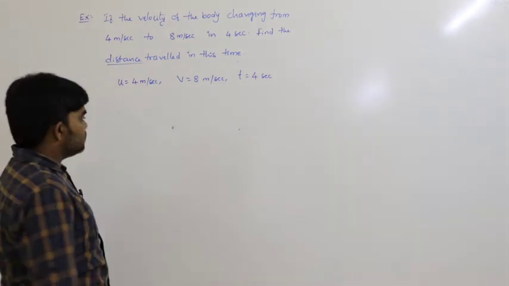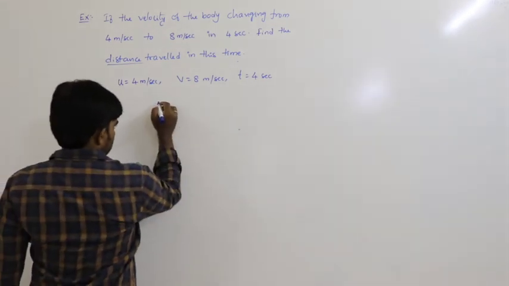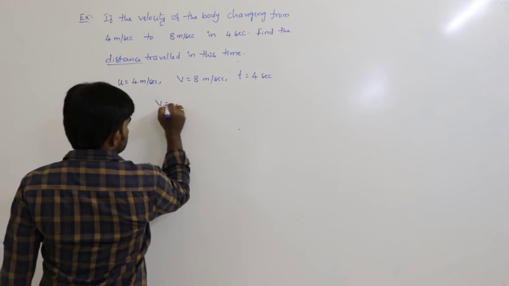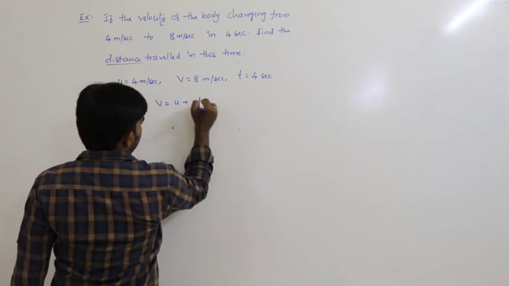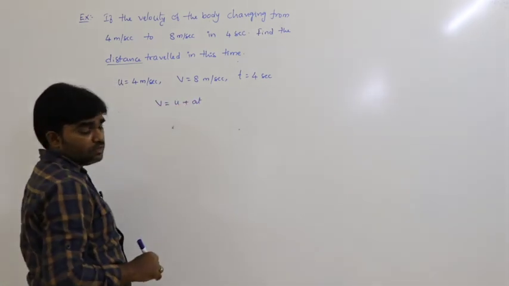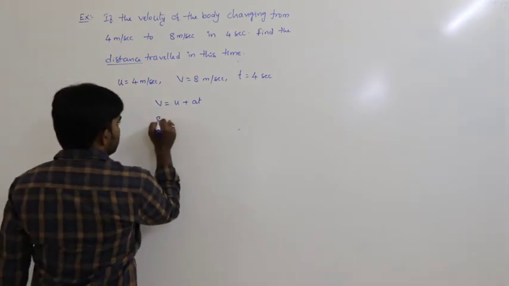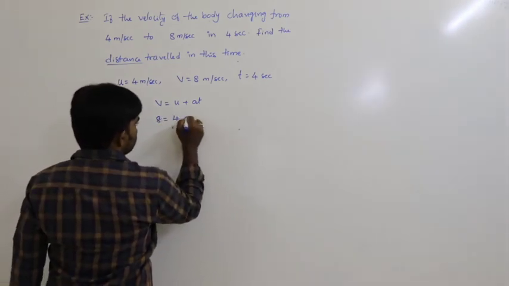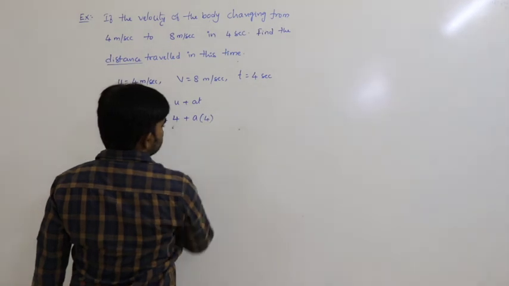For that, first calculate from the equation v equals u plus at. v is 8, u is 4, t is 4.